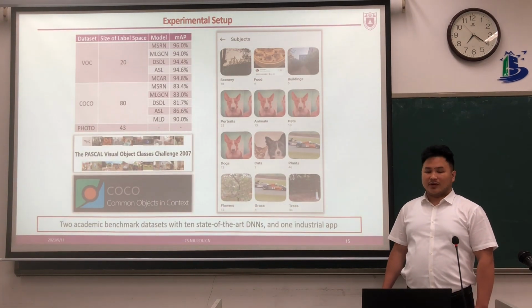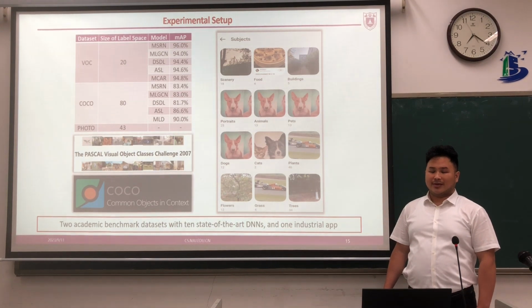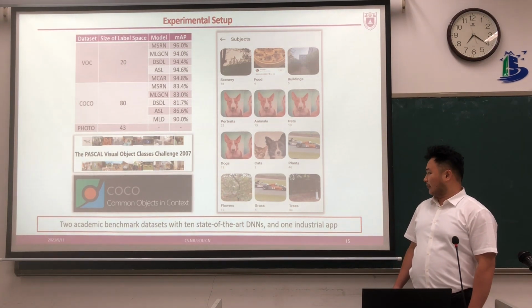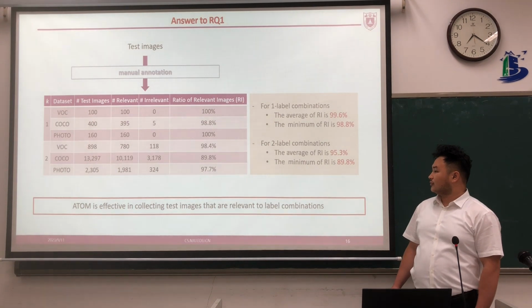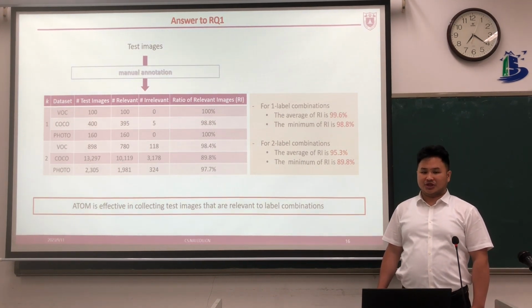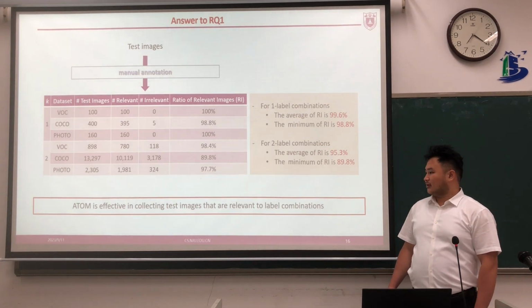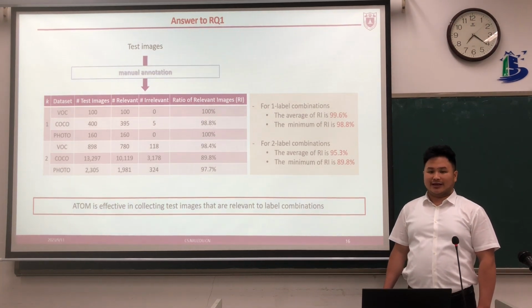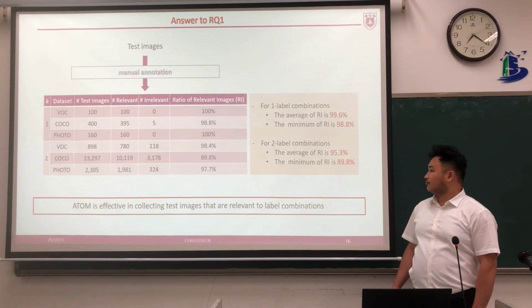We conducted experiments on 2 academic benchmarks and 1 industrial APP. For RQ1, we manually annotated all tested images, and we found that ATOM is effective in collecting relevant images.